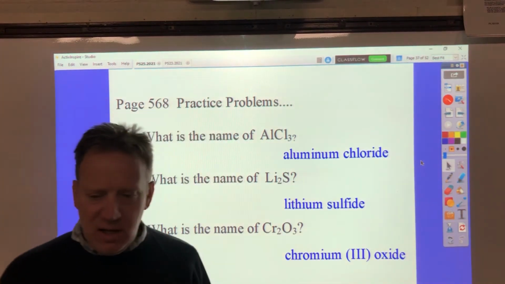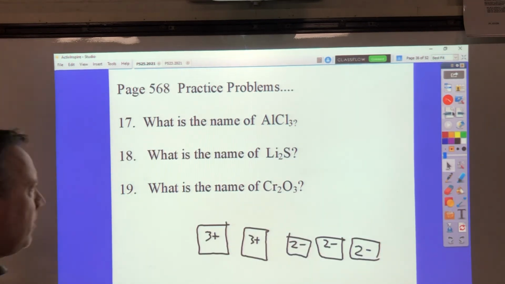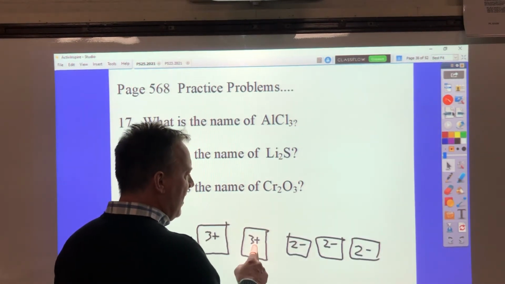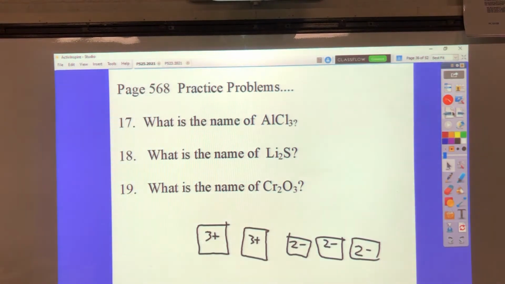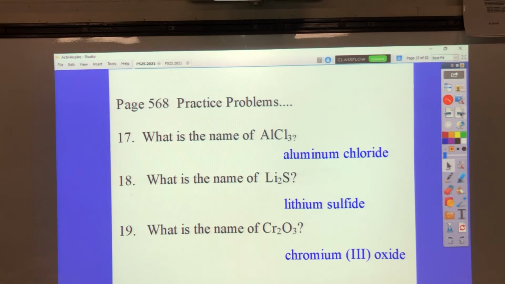If I gave 6, it has to be 3 apiece. So it's got to be chromium(III) oxide. So you put the 3 in parentheses, and that means that's the charge on the chromium ions.